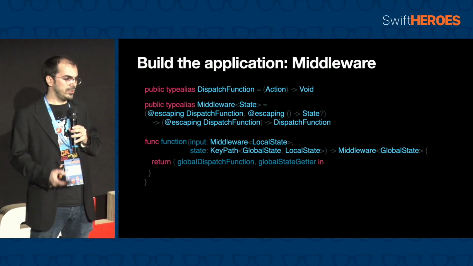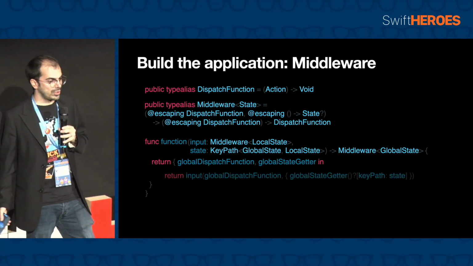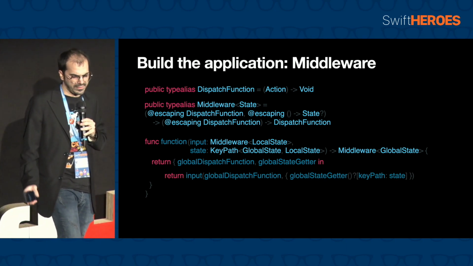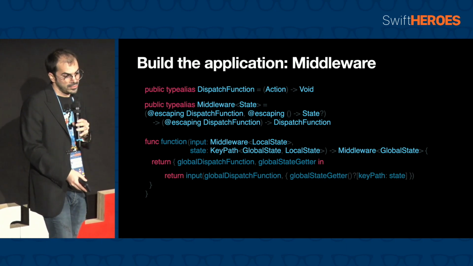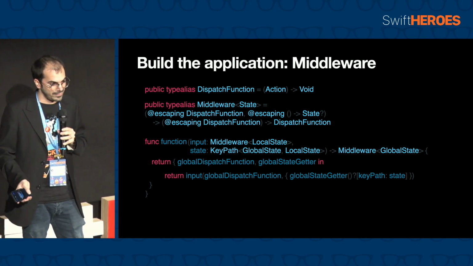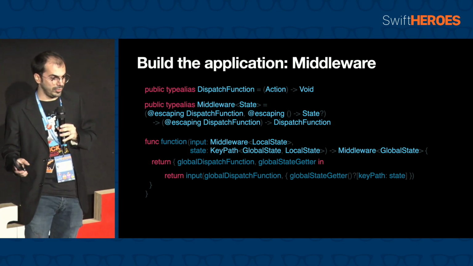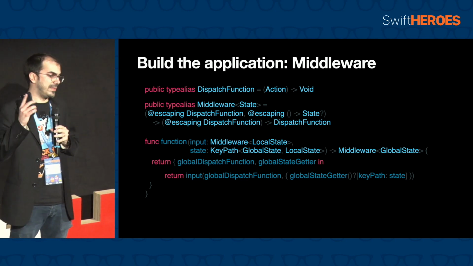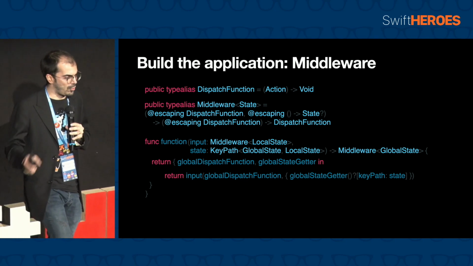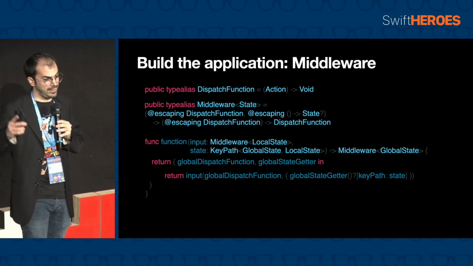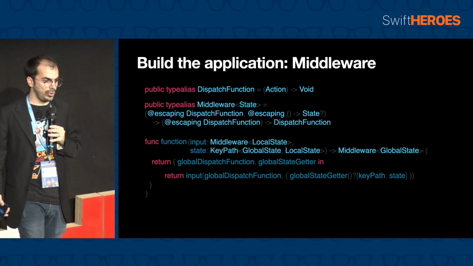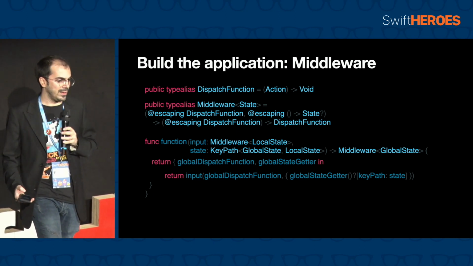And now we are ready to write our function, which will be this, basically. So, as I said before, the first parameter is still the same. The second parameter, instead, is executed in order to have the global state. Then we will use the key path in order to transform the global state into local state, and then we enclose it in a function in order to have a getter of local state.